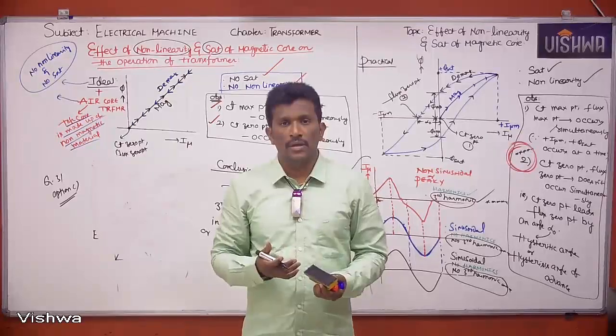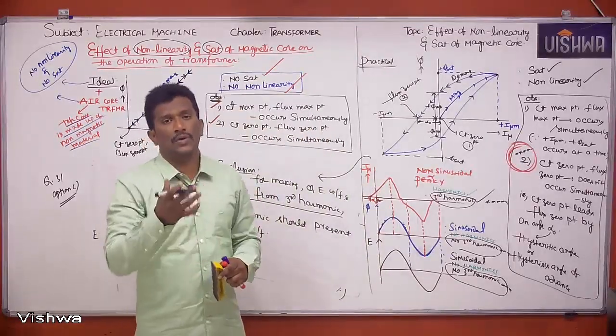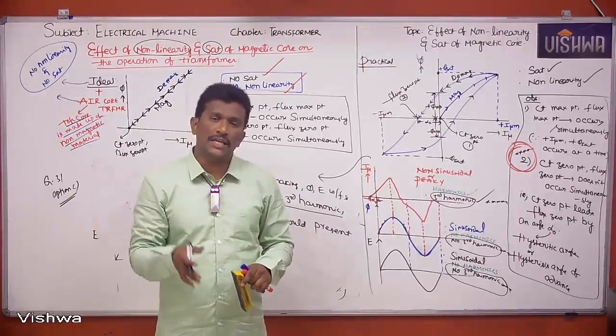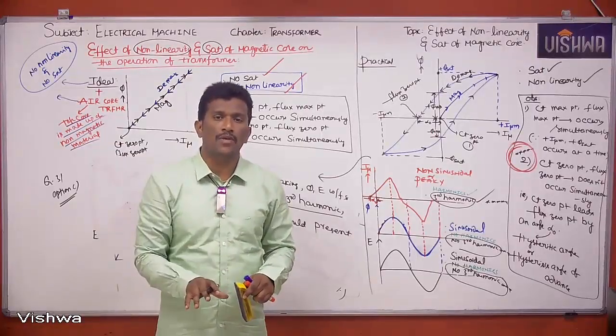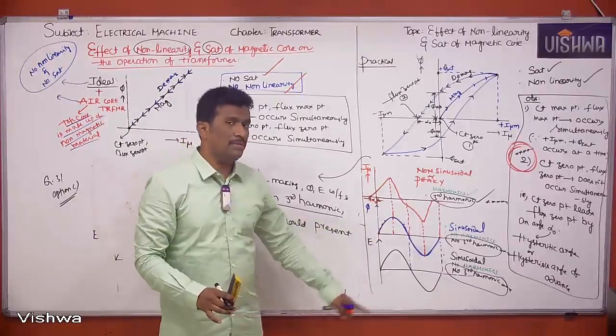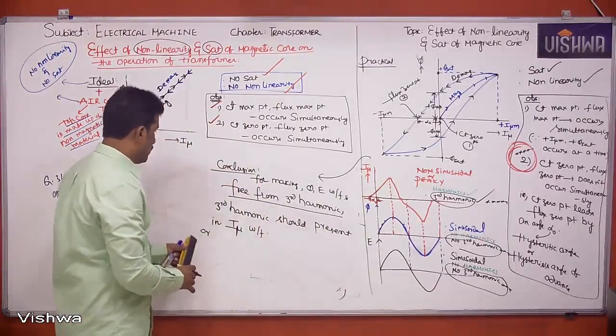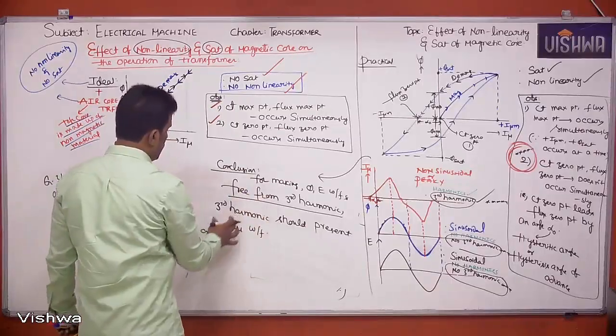So there should be a path for third harmonic currents from phase to phase or line to line. Then only I can say that yes, third harmonic current is there in I mu waveform. Then only flux and EMF waveforms will be free from third harmonics. Is it clear?